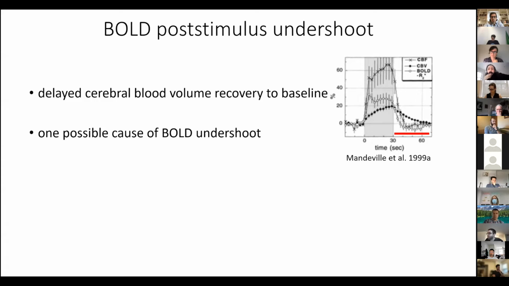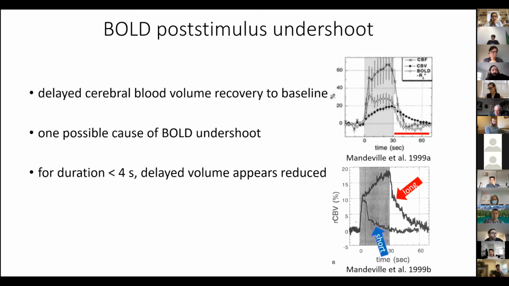So next, we wanted to investigate a prominent feature of the BOLD response that provides a lot of insight into the various hemodynamic components, which is the BOLD poststimulus undershoot. Now, this is classically attributed to a delayed cerebral blood volume recovery to baseline, and it's one possible cause of the BOLD undershoot. Now, for short duration stimuli, less than about 4 seconds, this delayed volume appears to be reduced.